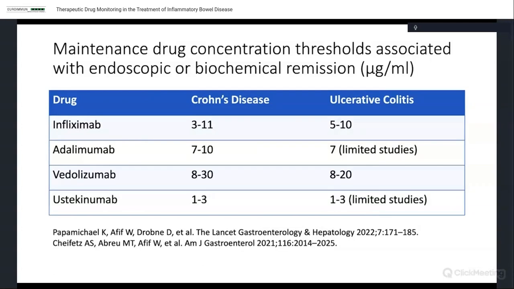And these are concentration thresholds for the end of induction or maintenance therapy. And while there are many more studies for infliximab and adalimumab, there's a particularly limited number of studies for adalimumab in ulcerative colitis and ustekinumab in ulcerative colitis.